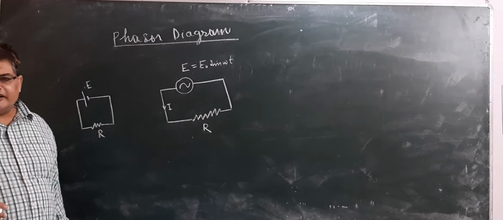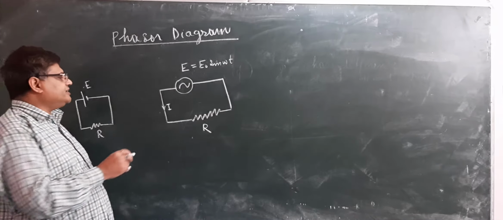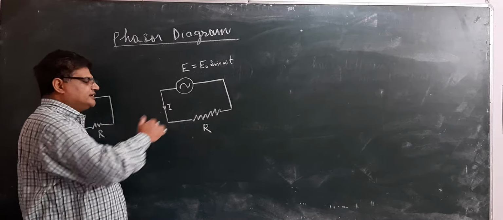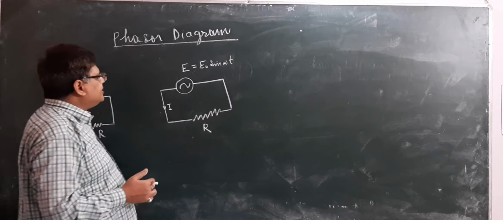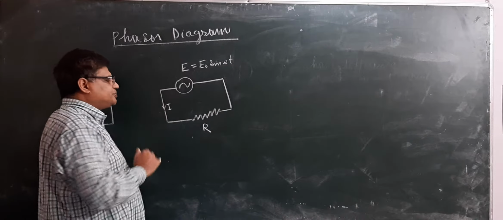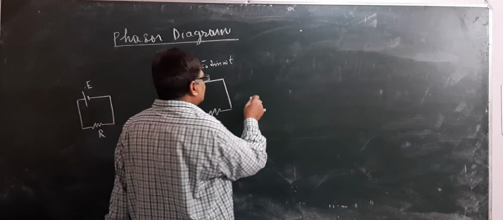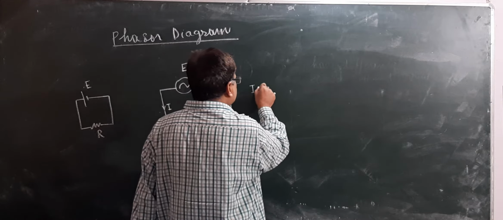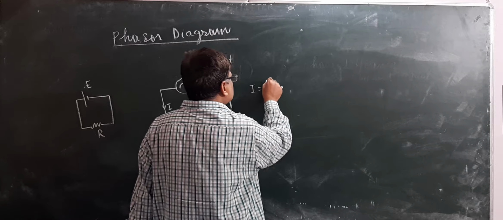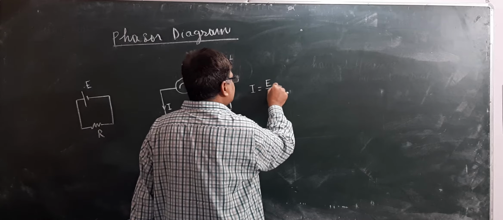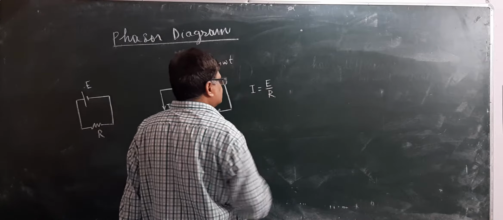Now the value of I will simply depend on the EMF applied across the resistor, and the EMF applied across the resistor is given by this expression. Now we can write I is equal to the instantaneous EMF by the resistance.